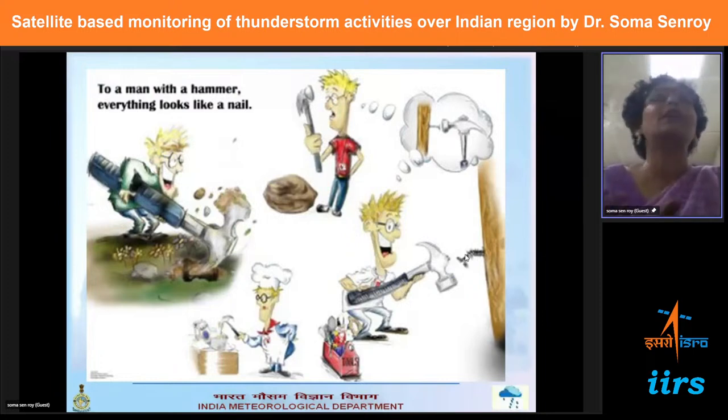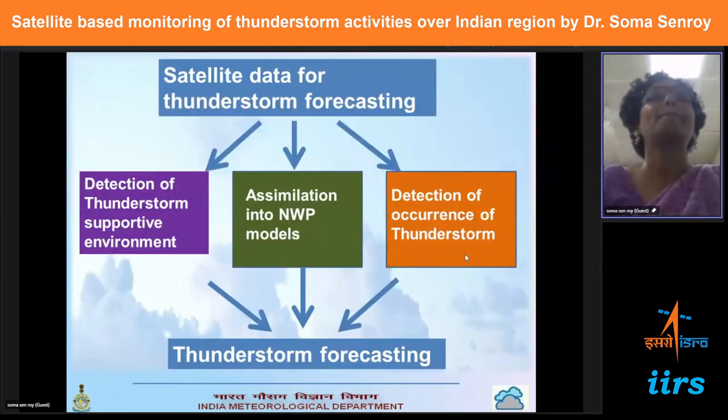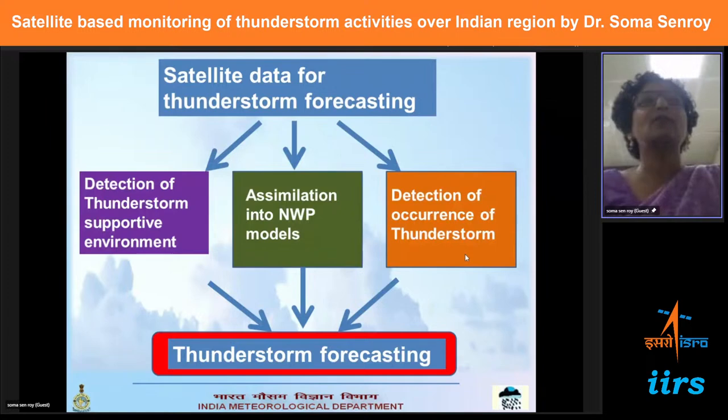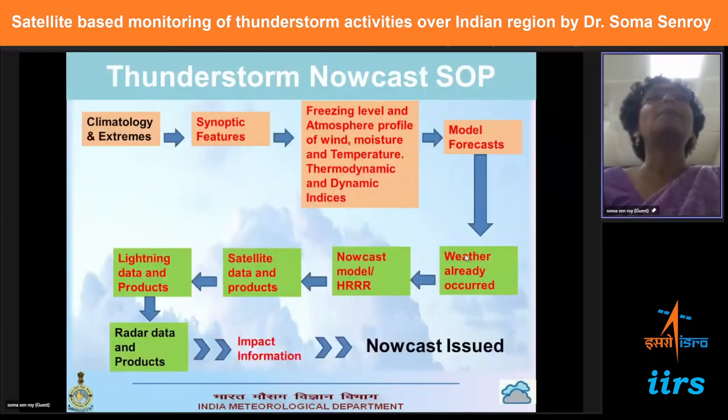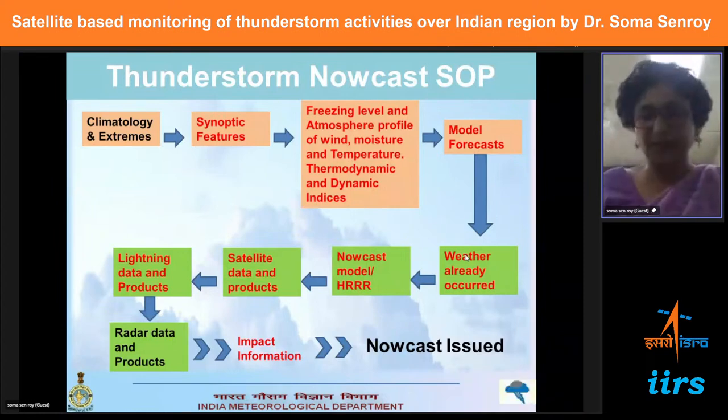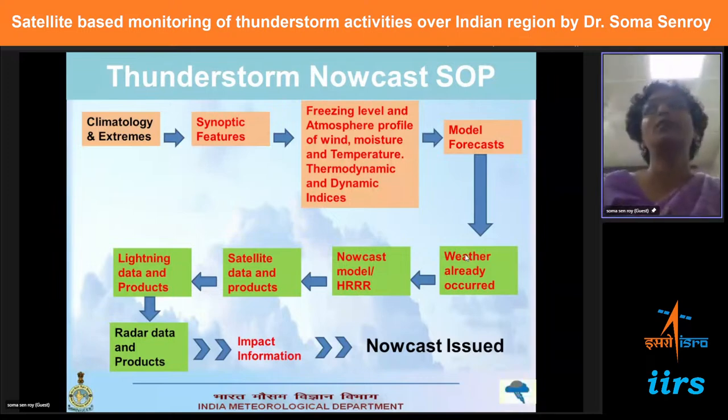So you need to consider every other source of data if you are looking at a meteorological phenomenon. When we are doing thunderstorm forecasting, we basically work with standard operating procedures. This is a nowcast SOP I am displaying to you.